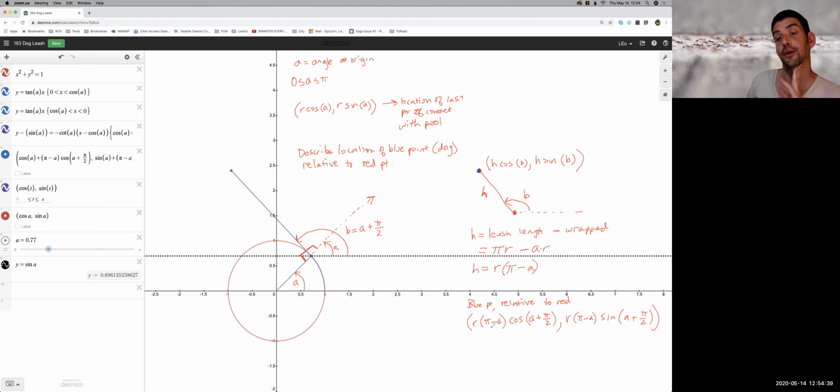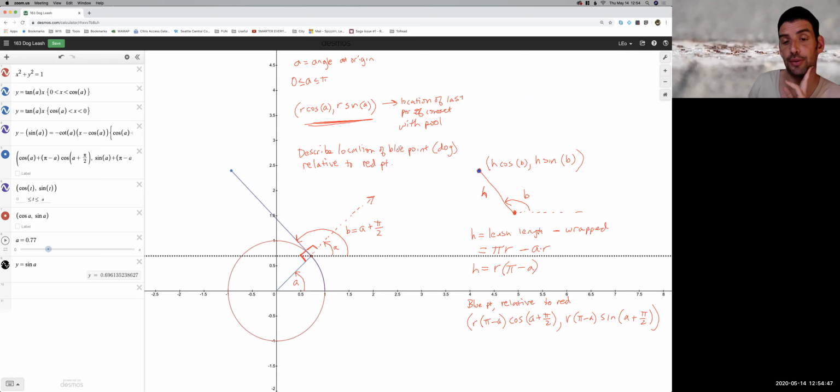Because we don't want a parameterization of this blue point relative to the red point. We want it relative to the origin. And so now here's where we come back and use the original parameterization of the red point. Let's just think about the x coordinates for a second. This number here, r cosine A, represents how far the red point is horizontally from the origin.